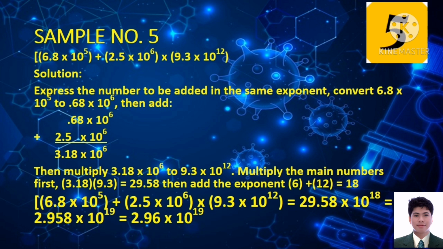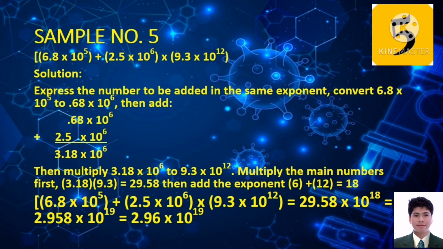Well, we have to express the numbers to be added in the same exponent. Convert 6.8 times 10 raised to 5 to 0.68 times 10 raised to 6, then add. The answer would be 3.18 times 10 raised to 6, then multiply.